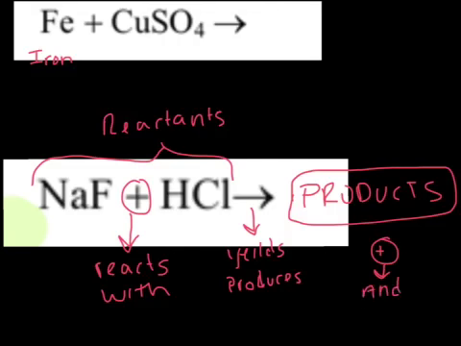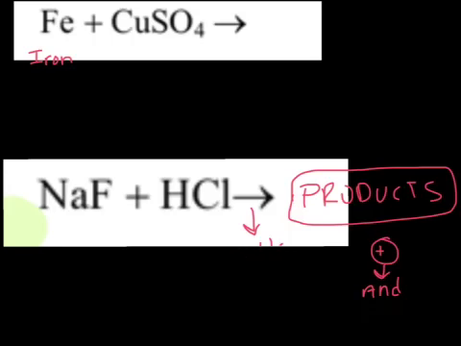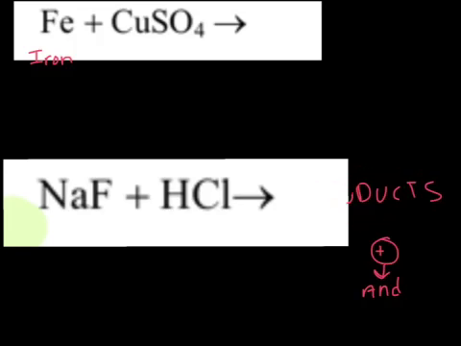Now that you know all that, let's go ahead and try to write out and predict our equation, using what we know about iron and copper, which are transition metals on the periodic table, which oftentimes means they're variable charge elements. Write out the word equation and predict the products.